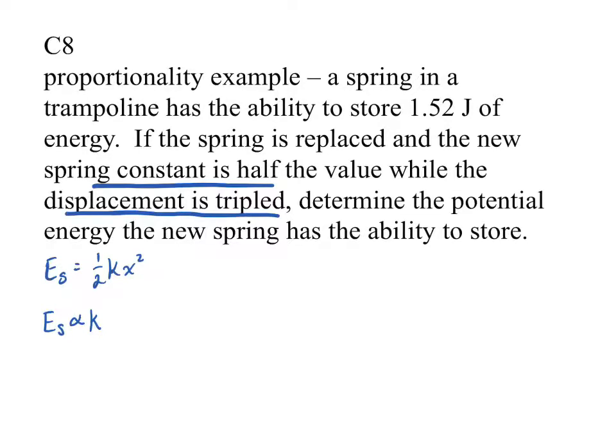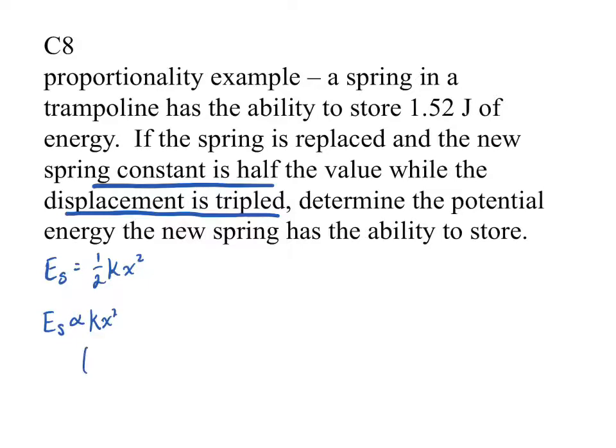So I actually want to know what happens if I do both of that. So instead of two different statements, I know that spring potential energy is proportional to k, but it's also proportional to x squared, and those are multiplied usually. Okay, so if I want to know my new spring potential, I need to half the spring constant and triple the displacement.